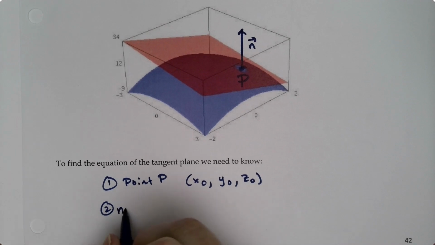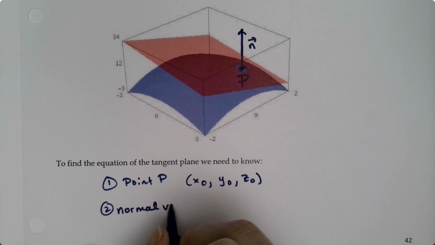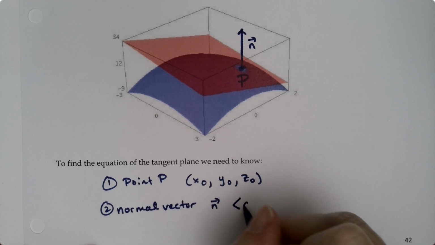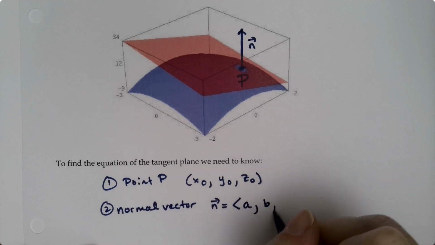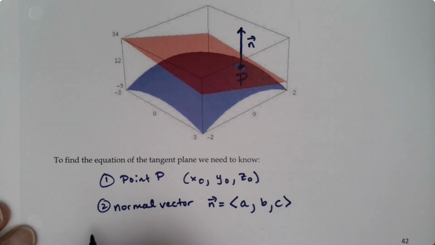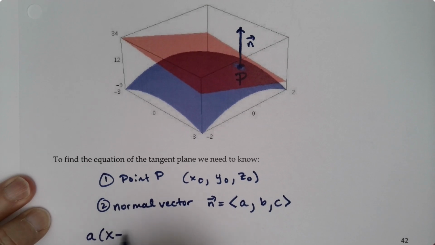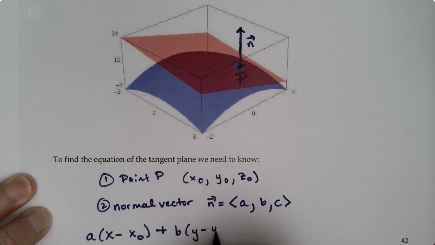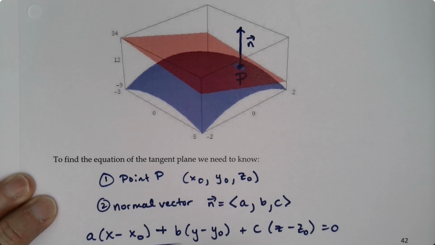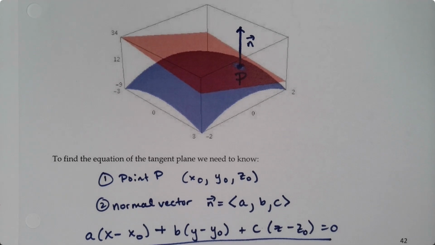So the normal vector N, which will be some A, B, C. And then we will put it together and say that A times x minus x0 plus B times y minus y0, this looks very familiar, plus C times z minus z0 equals 0. And that will be the equation of the plane that is tangent to the surface at that point.